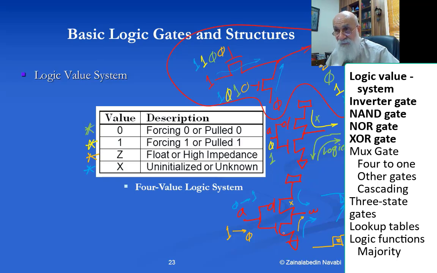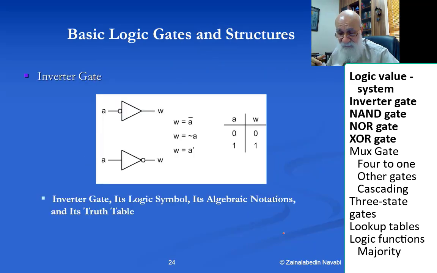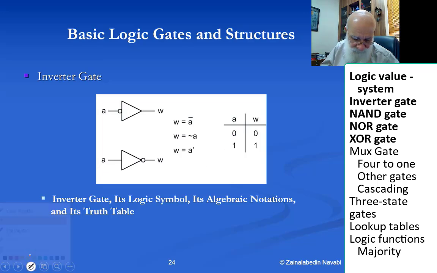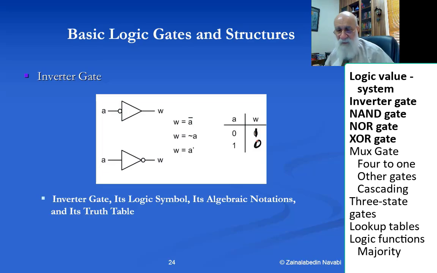And the output will be the complement of the input. Input of 0 gives an output of 1. Input of 1 gives an output of 0.